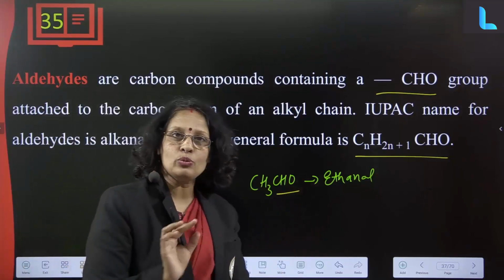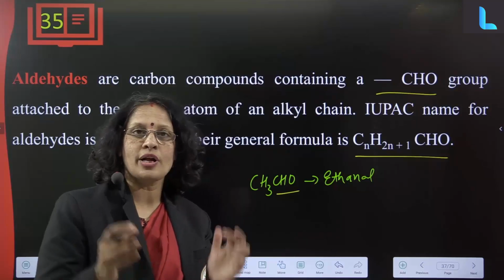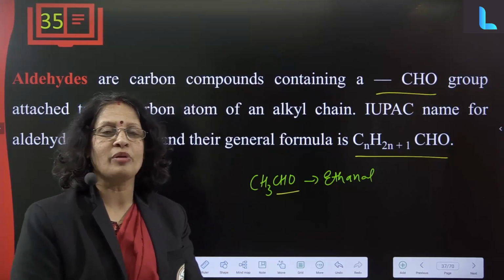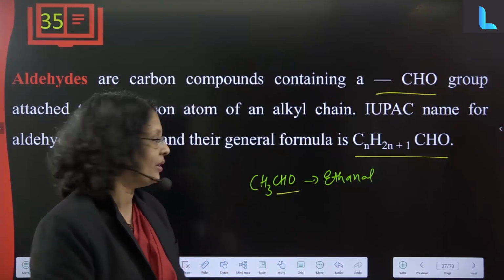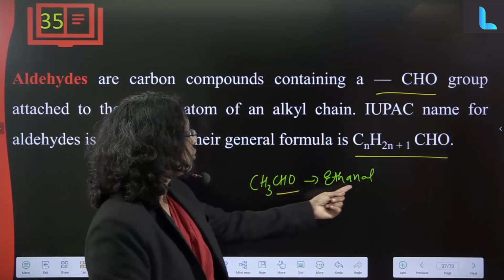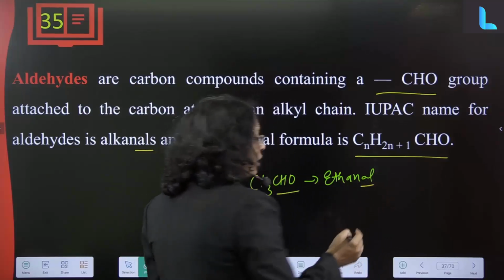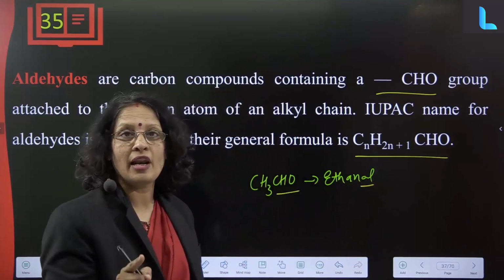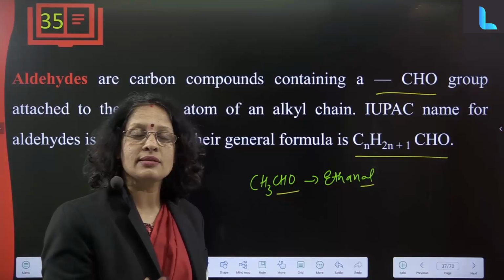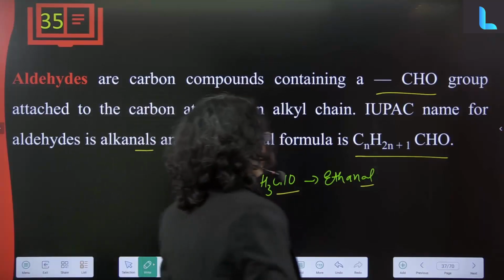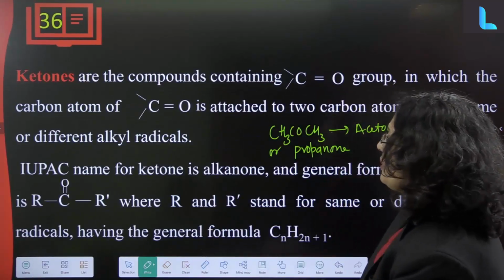So eth will be the root word. Till now you would have understood and it would have registered in your mind that eth is the root word for 2 carbon, and whatever the functional group, the name should end accordingly. So the suffix used here is al. For alcohol we used ol, and here al. Al stands for aldehyde. So the e will be replaced by al.